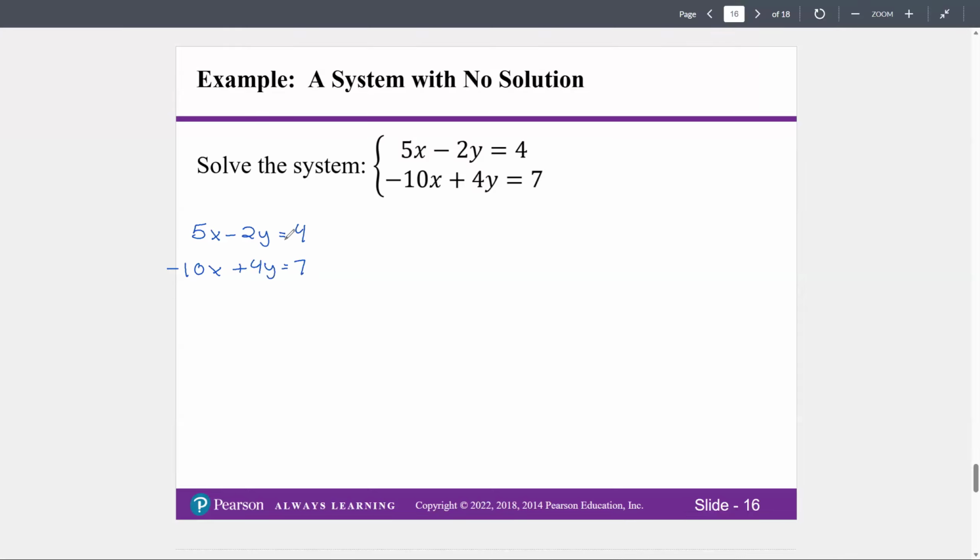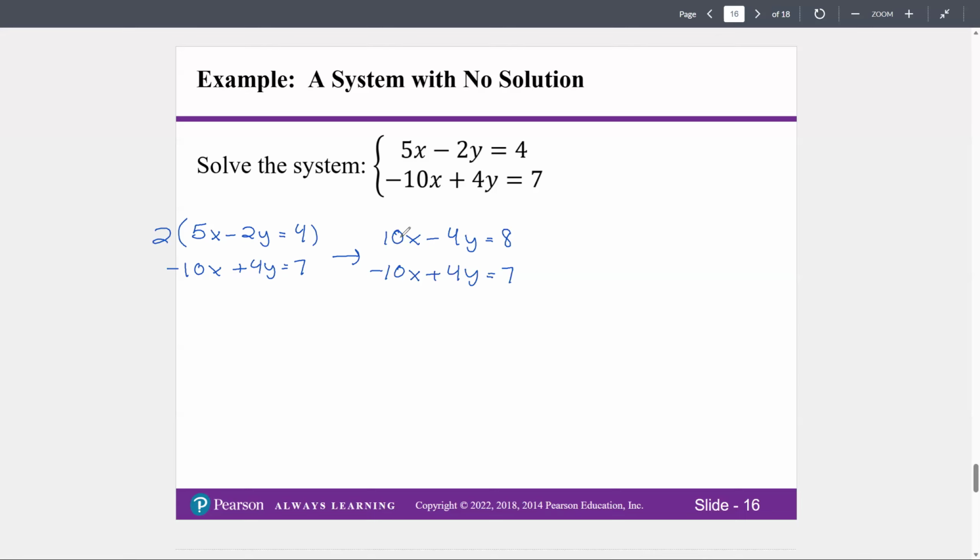All I have to do is just double all my numbers here. So just multiply this by 2, and I'd have a -4y plus a 4y. If I multiply everything by 2, I'm going to get 10x - 4y = 8. And then the one on the bottom, we didn't change that, so that stays -10x + 4y = 7.